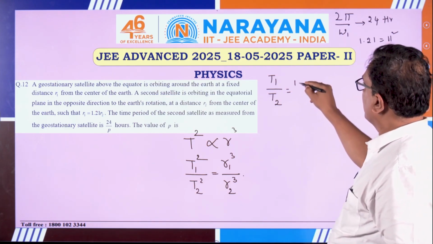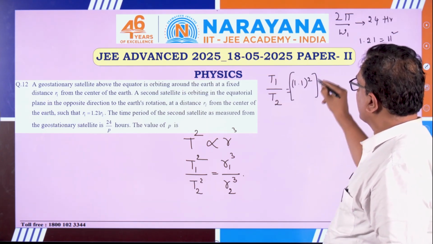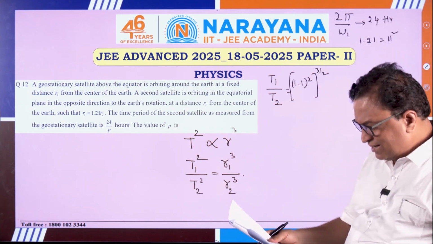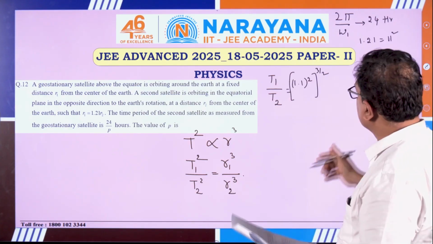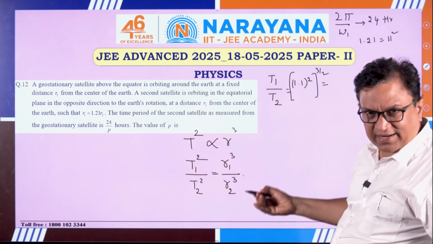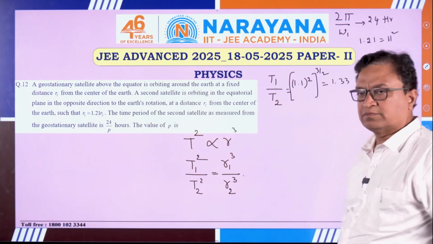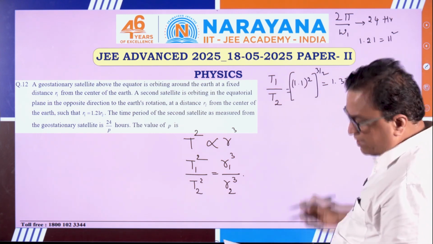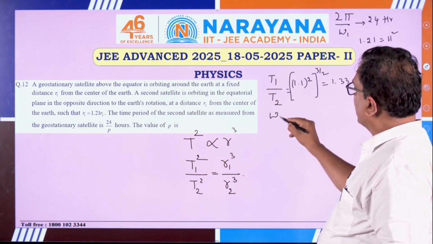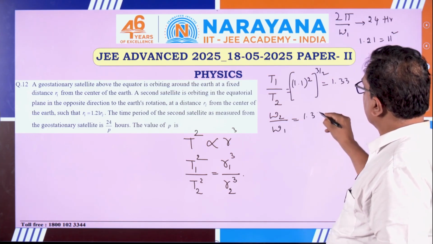So, this is 1.1 whole squared to the power of 3 by 2. 1.1 whole cubed will result in nearly 1.33. Nearly. Remember, T1 by T2, otherwise also called omega 2 by omega 1, is 1.33.